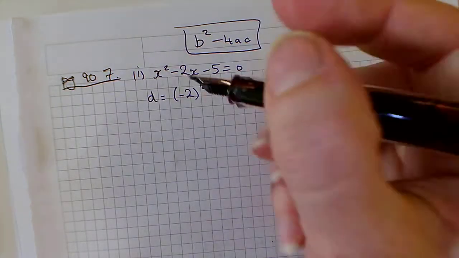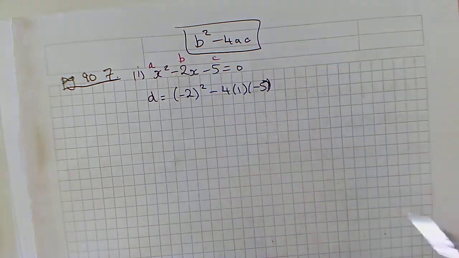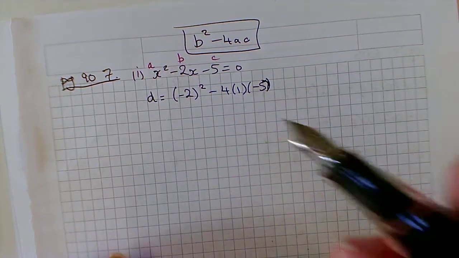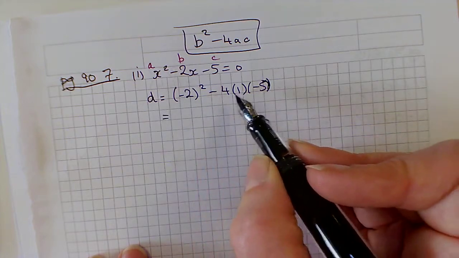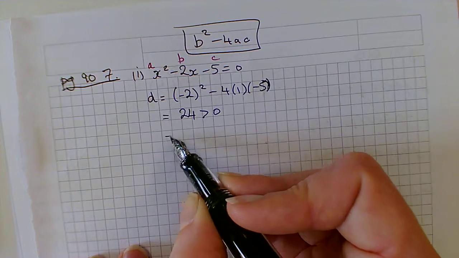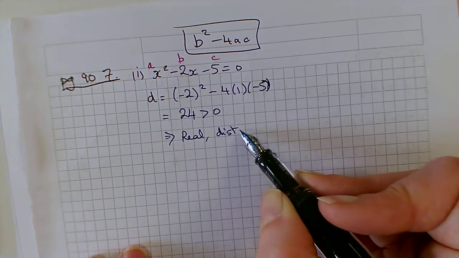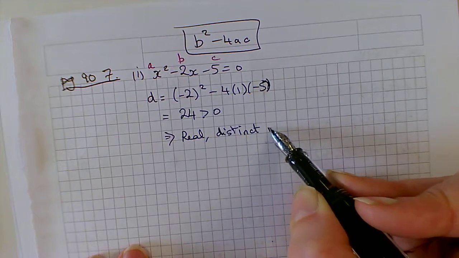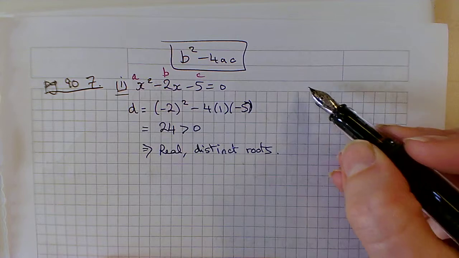Well, a is the x squared coefficient, b is the x coefficient, and c is the constant. So you can put that into your calculator in one go or work it out in your head. That's going to be 4 plus 20, which is 24. That's greater than 0, so that means real distinct roots, 2 different real roots. And that's the kind of answer we're looking for in this question.